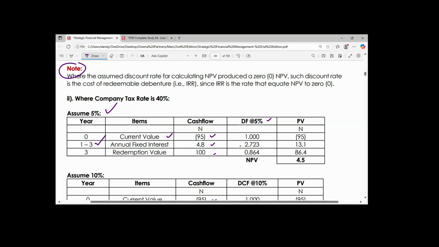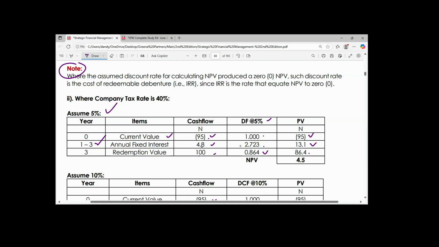This produced 2.723. 2.723 multiplied by 4.8 gives us 13.1. 95 multiplied by 1 gives us 95. 100 multiplied by the discount factor at year 3. The discount factor for year 3 at 5% is 0.864. 0.864 multiplied by 100 gives us 86.4.